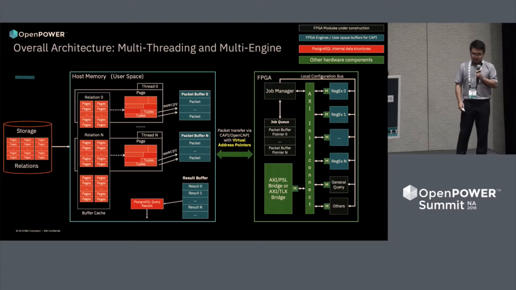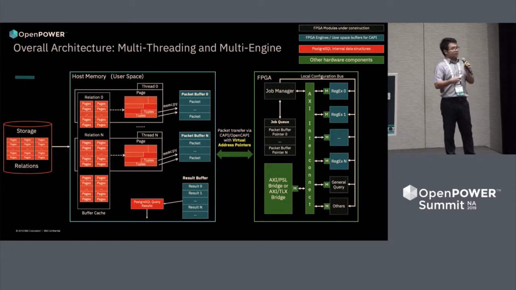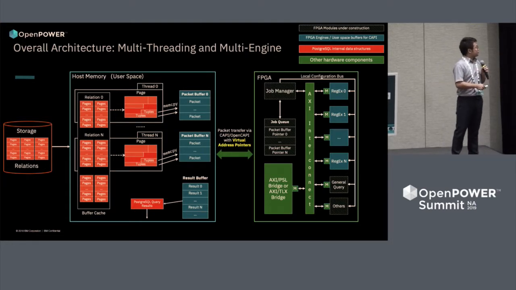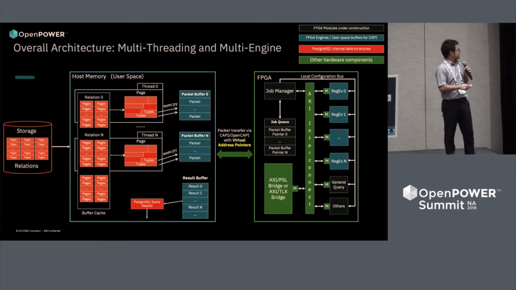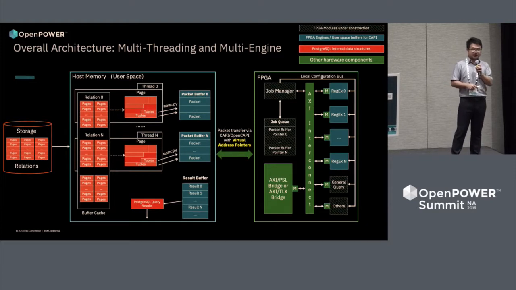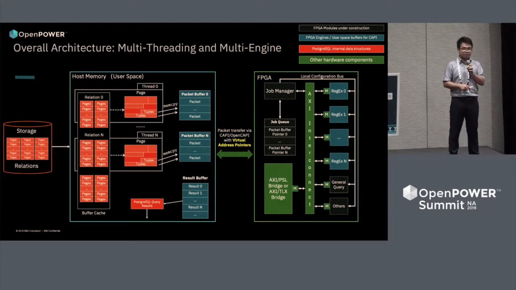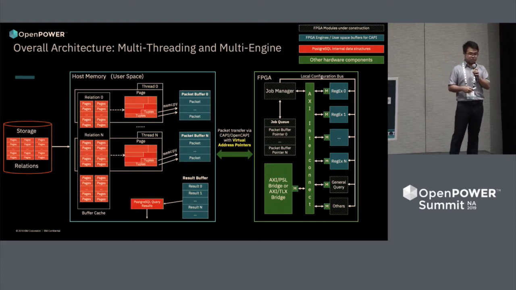Let me give some very high-level introduction about the overall architecture for both software and hardware. From this screen, we can see that on the left side is the host memory. There are various data structures inside the host memory. Those orange boxes are the Postgres internal data structures for pages.